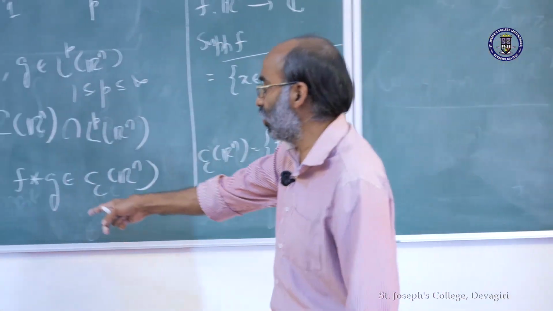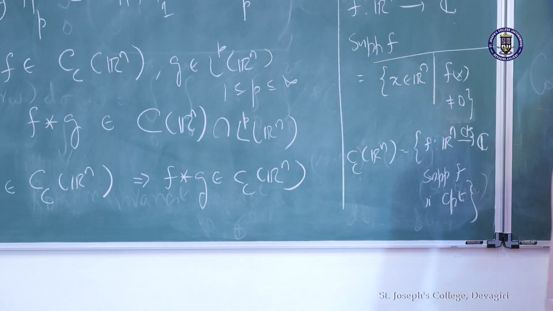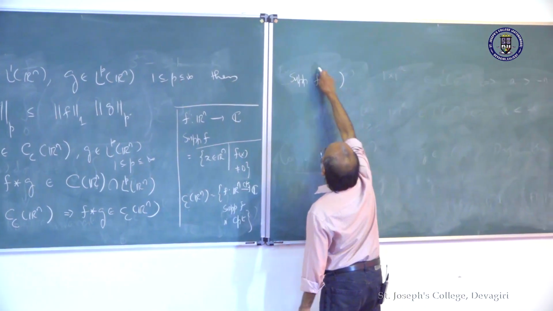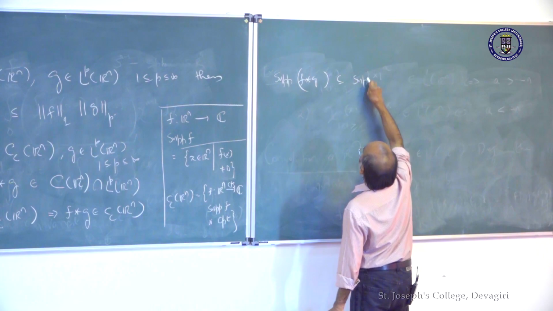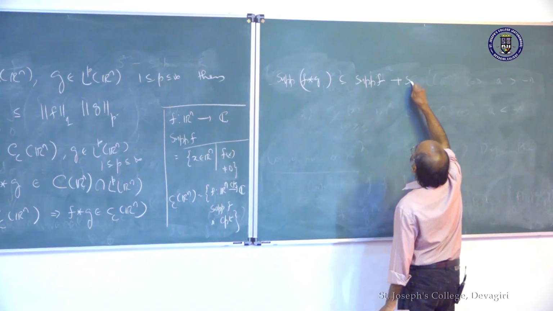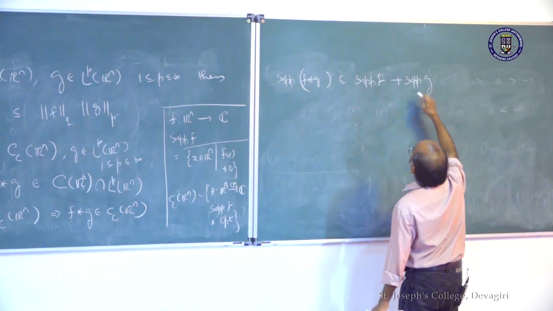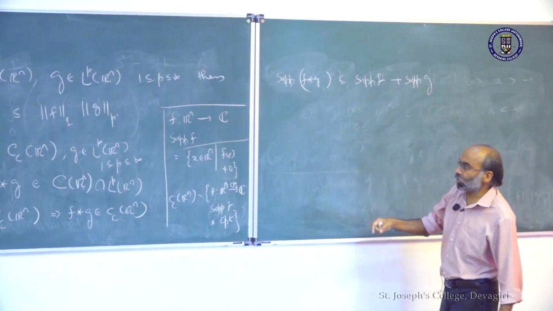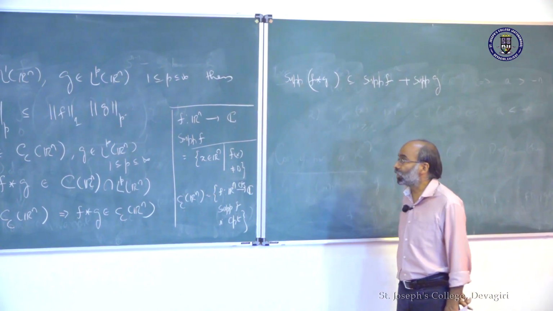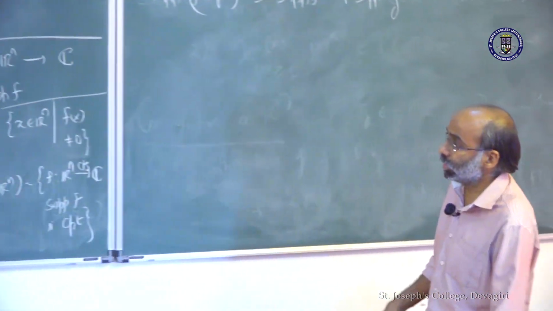Okay. So, if you write down the integral, you will see this immediately. Support of f star g is going to be contained in support of f, which is compact, because f is in Cc of Rn, plus support of g. Support of g is also compact. So, if I add 2 compact sets in Rn, I will still get a compact set, right. So, that's an easy topology exercise.